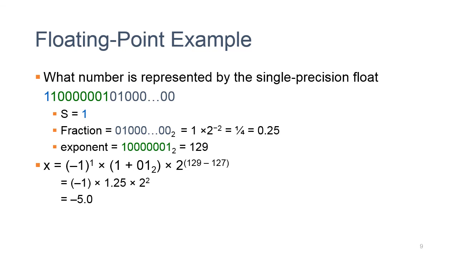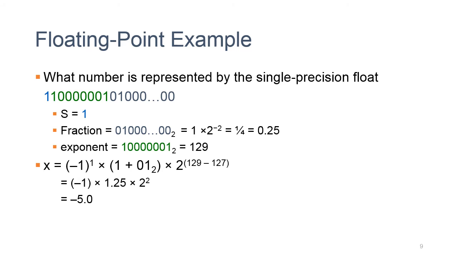So we put this into our previous formula, which is x is equal to -1 to the power s multiplied by 1 plus fraction multiplied by 2 to the power exponent minus bias. We put our values in this formula. We get x is equal to -1 to the power 1 into 1 plus the fraction, which is equal to 0.25, multiplied by 2 to the power exponent minus bias.